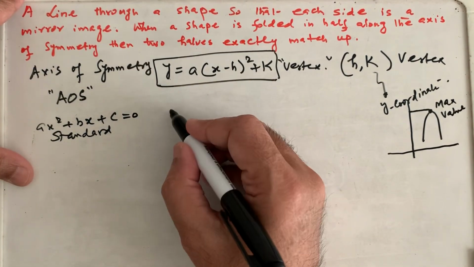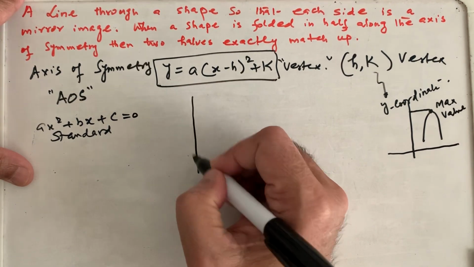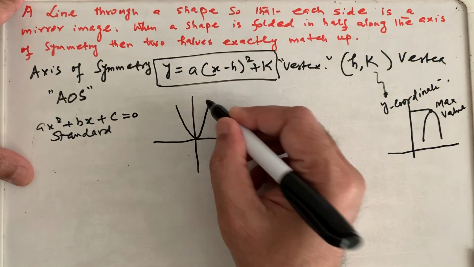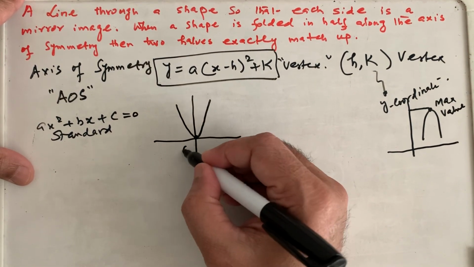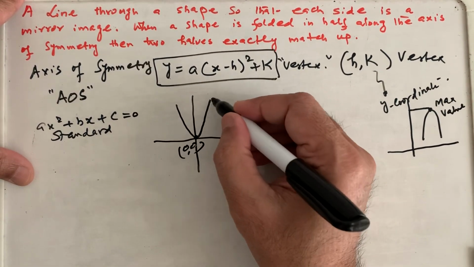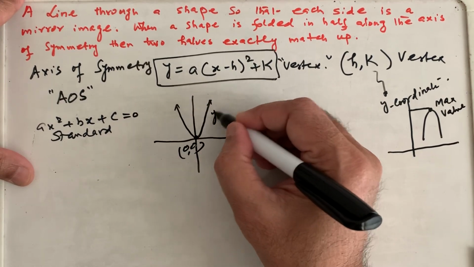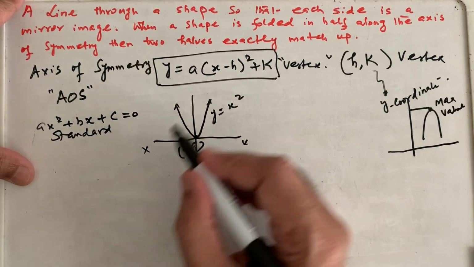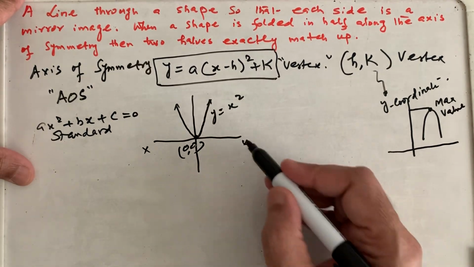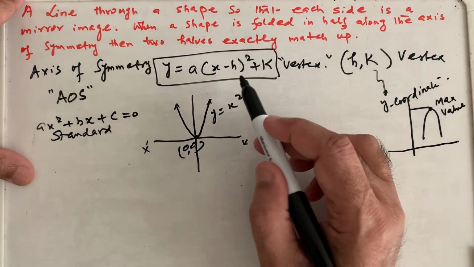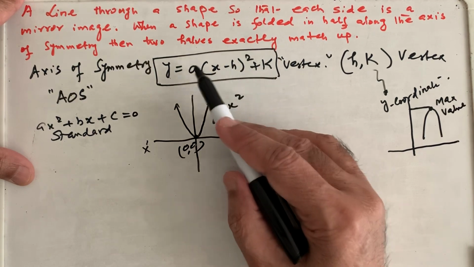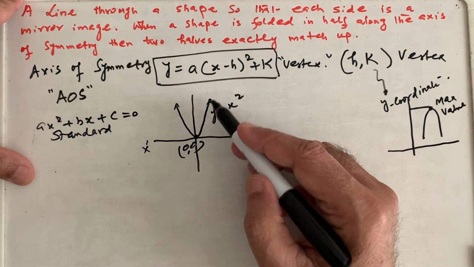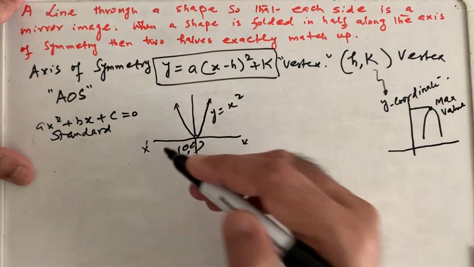So if we have a parabola with its vertex at the origin, (0, 0), we all know this equation is y equals x square. It is the basic equation of the parabola. Why basic? Because if we put h and k as 0 and a as 1, it reduces to y equals x square, and the vertex is at the origin.